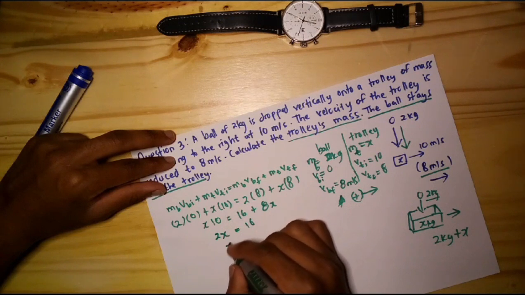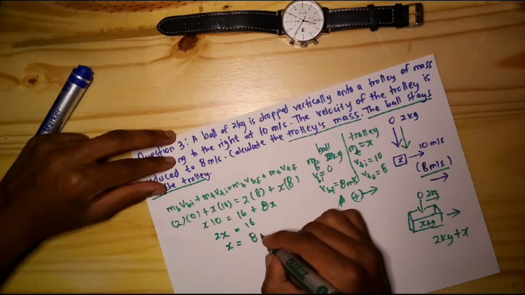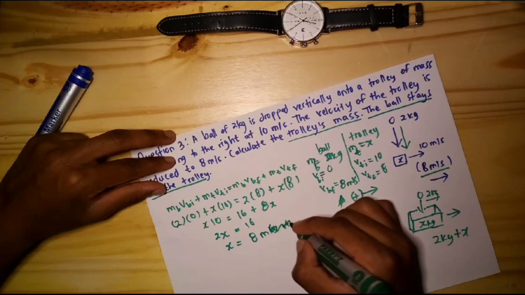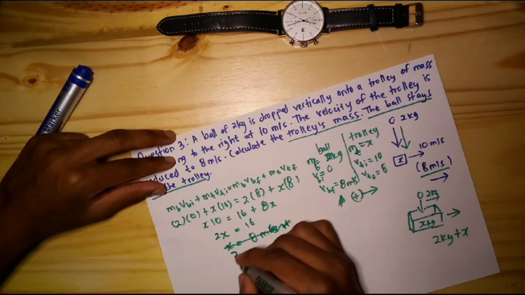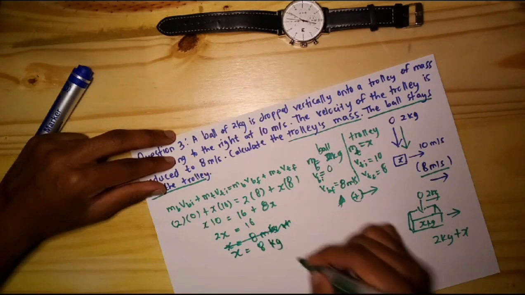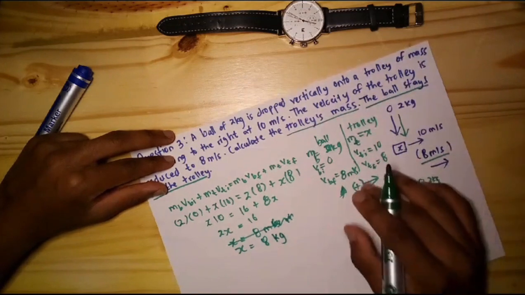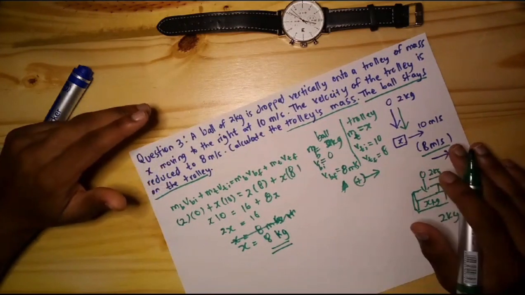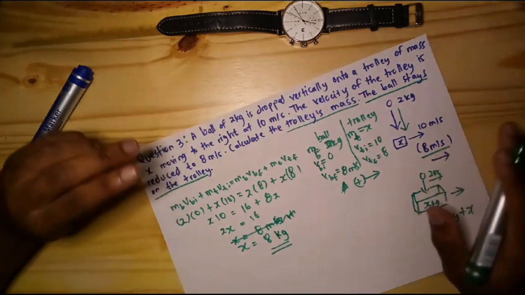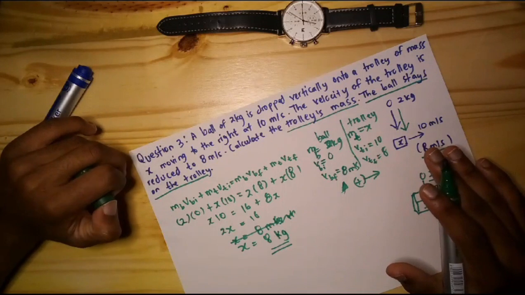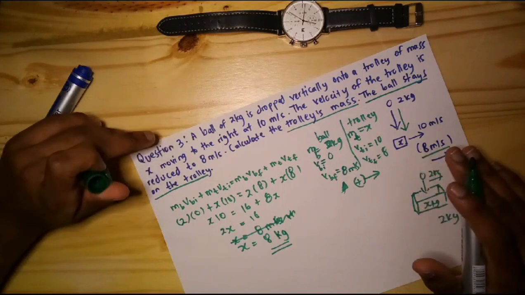Divide both sides by 2, and you get x equals 8, not meters per second, but kilograms. We're looking for mass, don't forget that. So that's your answer, 8 kilograms. Hopefully you understand this. It's a fairly easy thing, but it shows you the same principle from a different perspective.